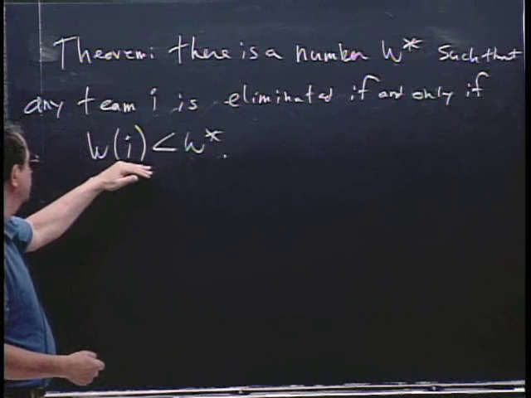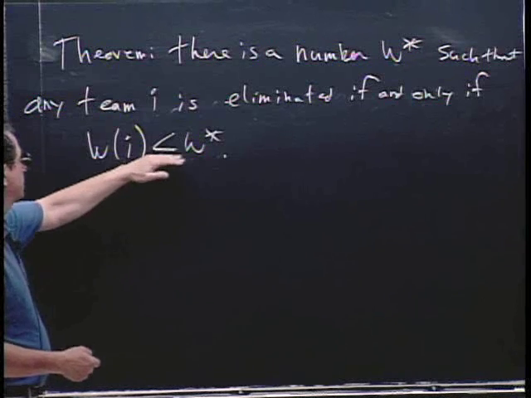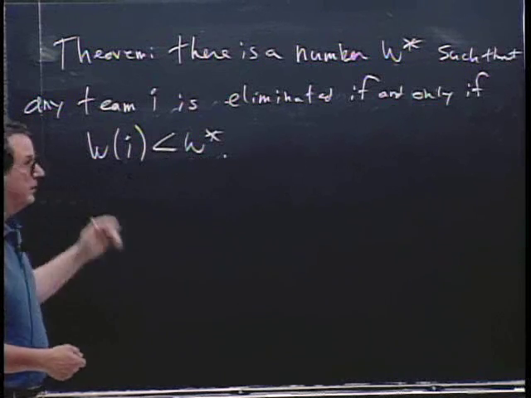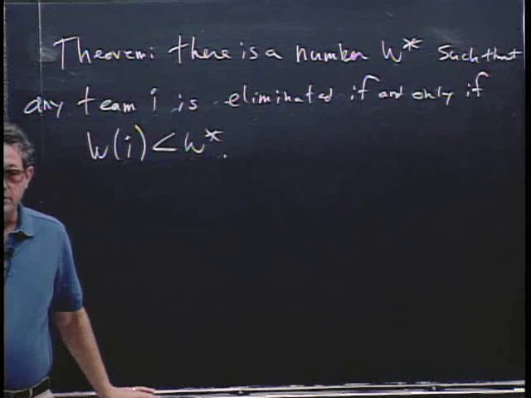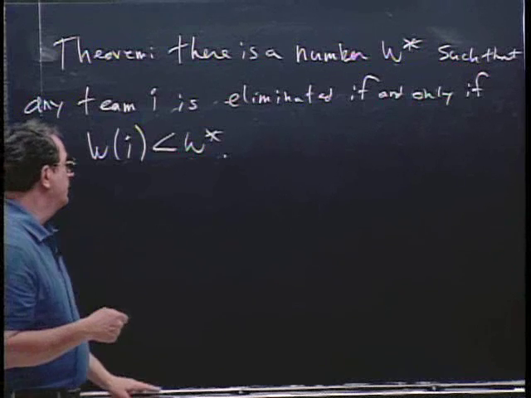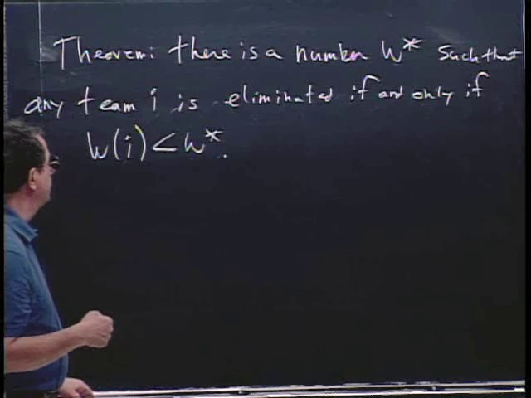If that W_i is less than W star, then team i is definitely eliminated, has no hope of either being the undisputed winner or tying for being the winner, of having the maximum number of points.